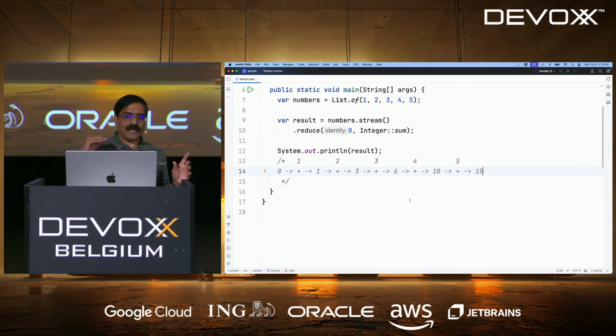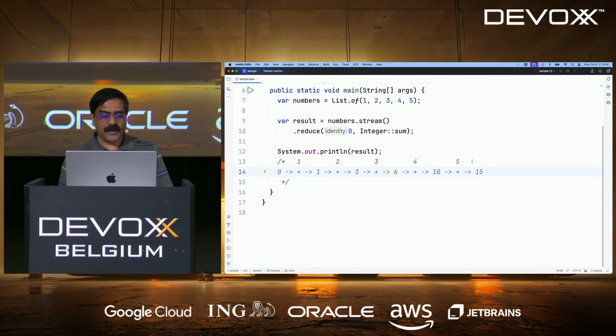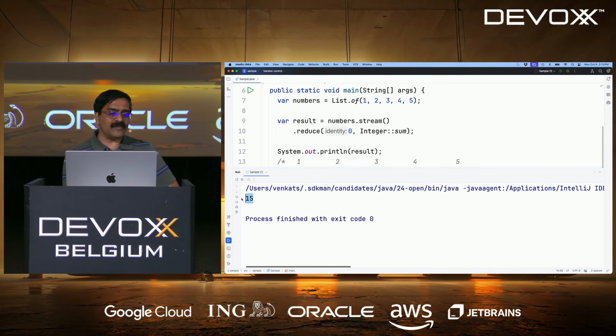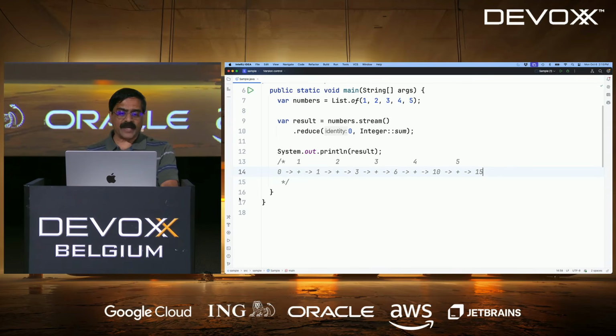Essentially, it's plowing through the values, iterating through every single value, but performing the operation on the partial result that is moved forward. But what you receive in the end is literally that last value, 15.